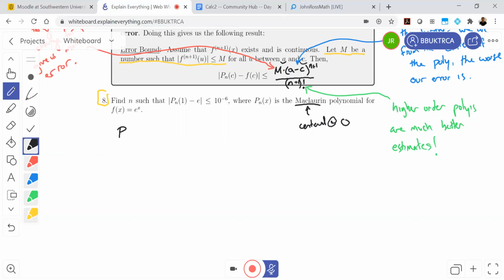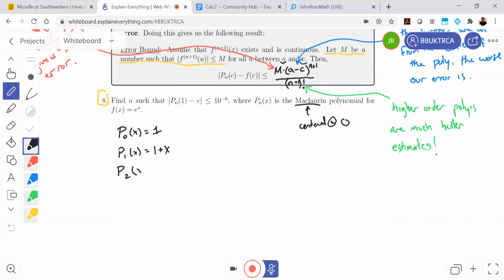Let me write these down and then we can verify that these are true. We would have p sub 0 of x, the 0th order Taylor polynomial, is just 1. The first order Taylor polynomial for e to the x is 1 plus x.